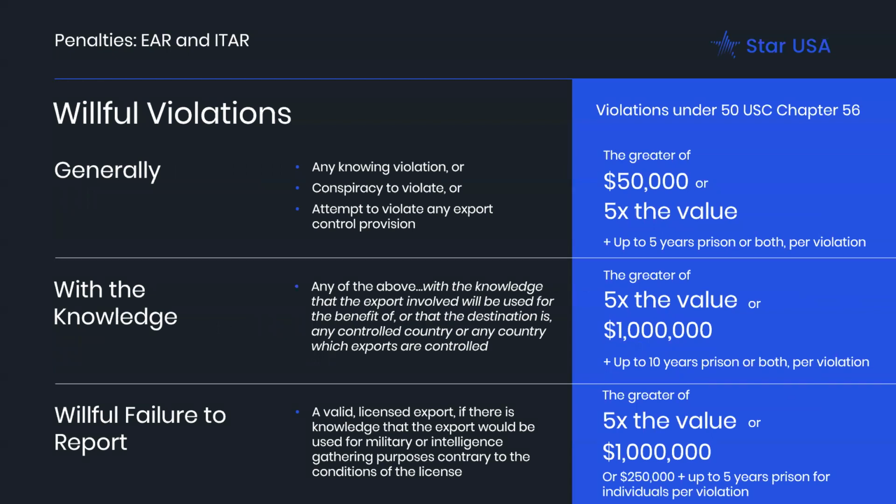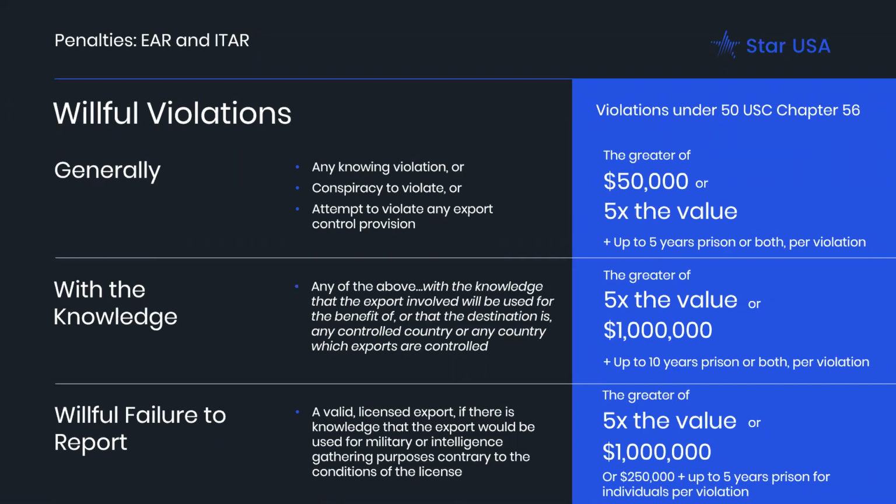Willful violations escalate the penalty universe. Generally, this is any knowing violation or conspiracy to violate or attempt to violate any export control provision. And you're looking at starting at 5 times the value or $50,000, whichever is greater, plus up to 5 years in prison or both per violation. And these can escalate, particularly if you have systemic instances of violating orders, particularly if they're willful.